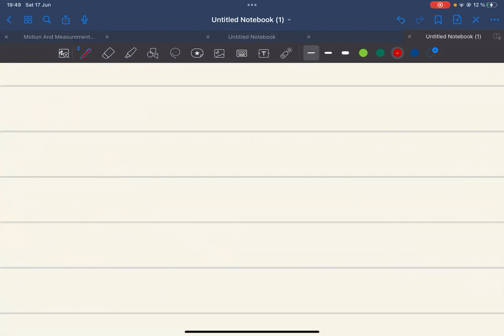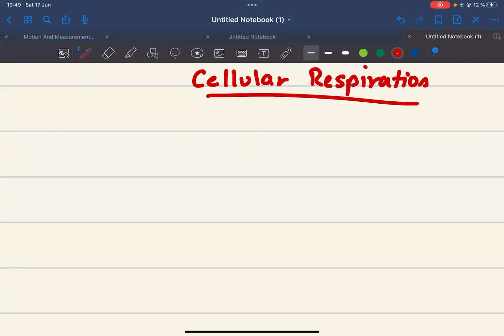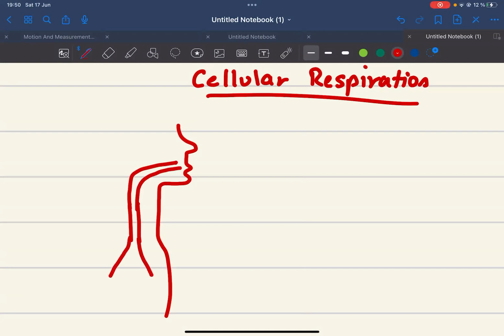Now you have a concept called cellular respiration. When the cell obtains oxygen from the blood, you know that the food is being, first you are eating the food. Okay, this is how it is.